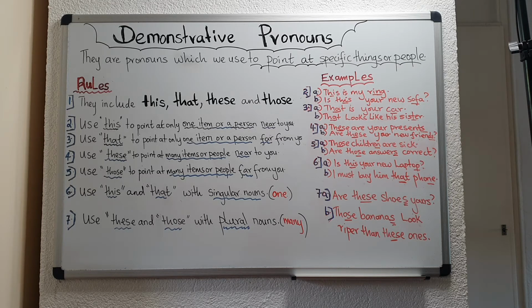So imagine that you're standing on this side of the street and there are people or things that are very far away in the distance on the other side of the street and you want to point at them. Then you use the demonstrative pronoun those. Look at examples 5a and b on the right.